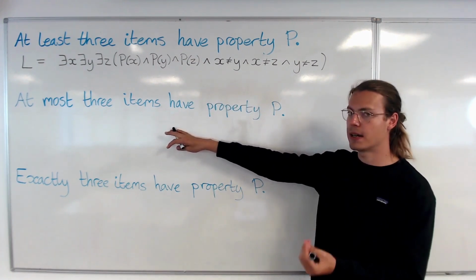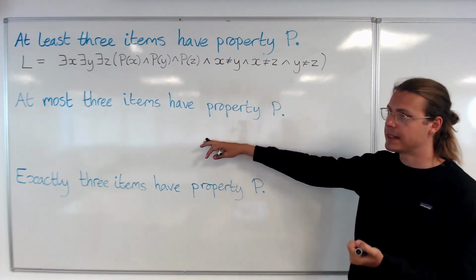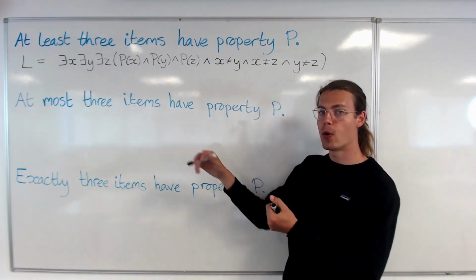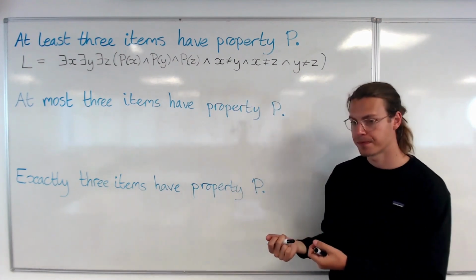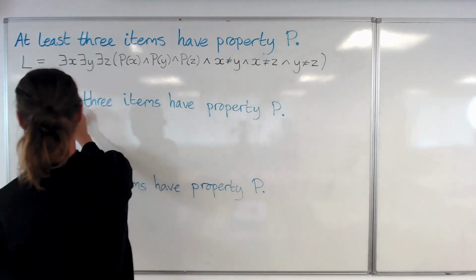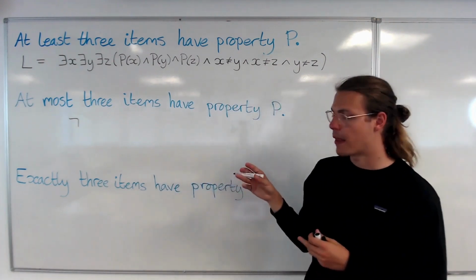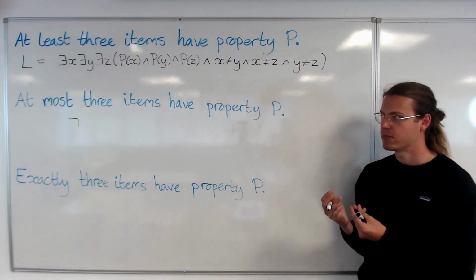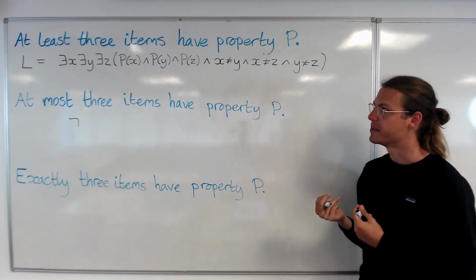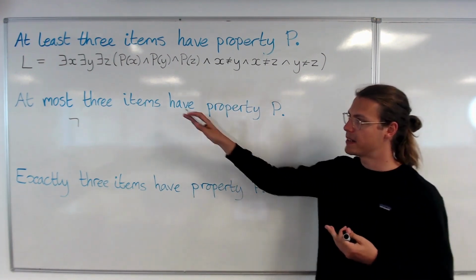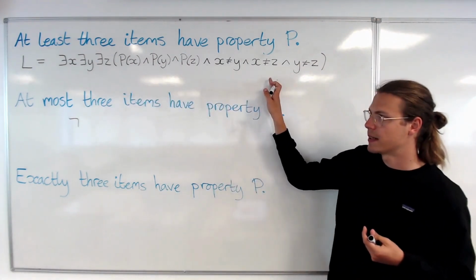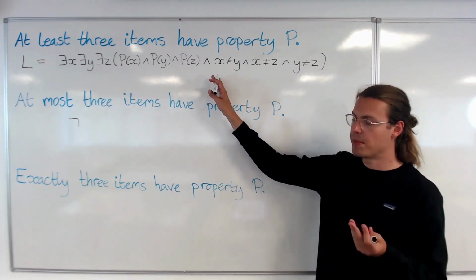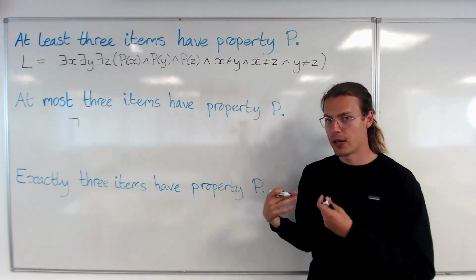At most 3 items have property P. Another way to say that is it is not the case that 4 or more items have property P. So it is not the case that at least 4 items have property P. To say that at least 4 items have property P is very similar to what we wrote here. This says at least 3 items have property P. So we need to write a very similar formula and just add another item.